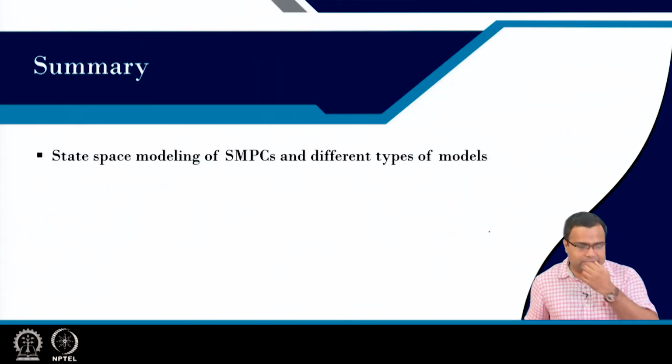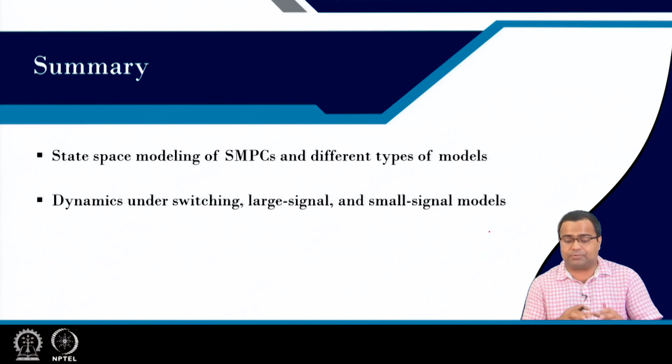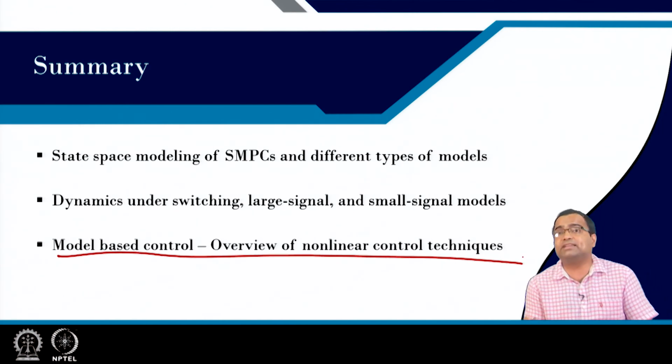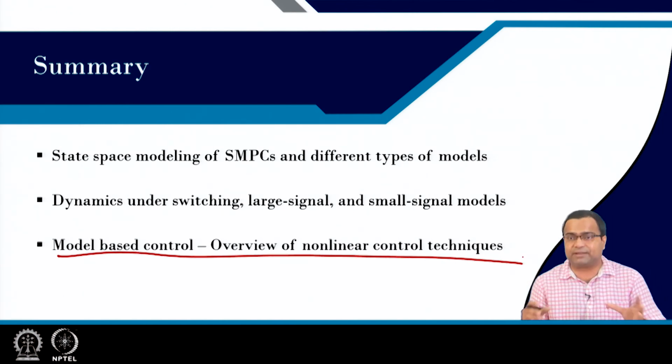So, to summarize, state space modeling of switch mode power converters: we have discussed different types of models, the dynamics under switching as well as large signal and small signal models, and we have also given some overview of nonlinear control using different models.